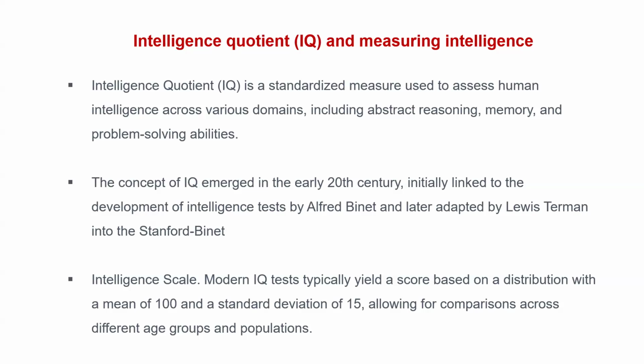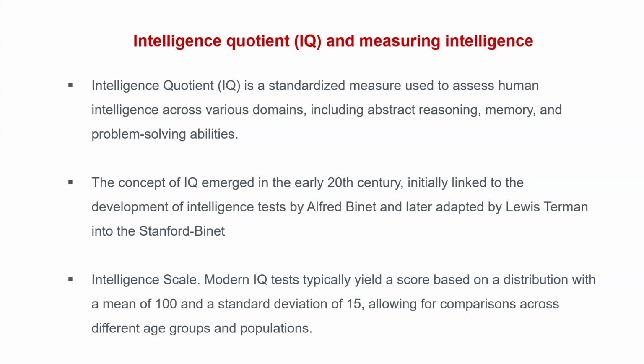The concept of IQ emerged in the early 20th century, initially linked to the development of intelligence tests by Alfred Binet and later adapted by Lewis Terman, the scholars, into the Stanford-Binet Intelligence Scale.